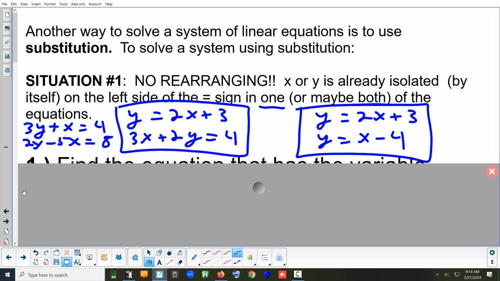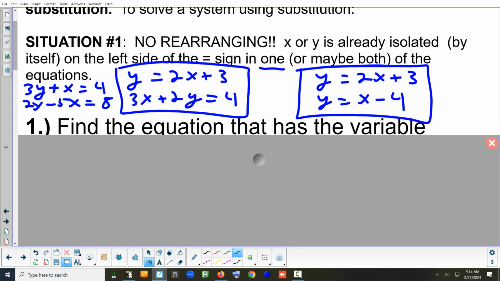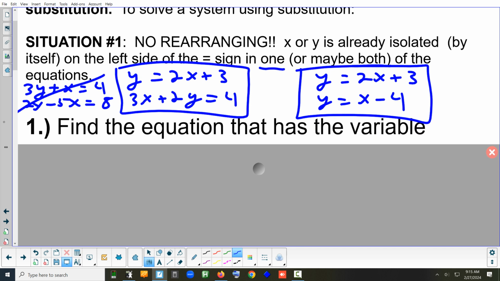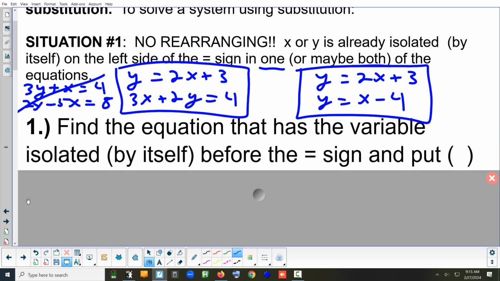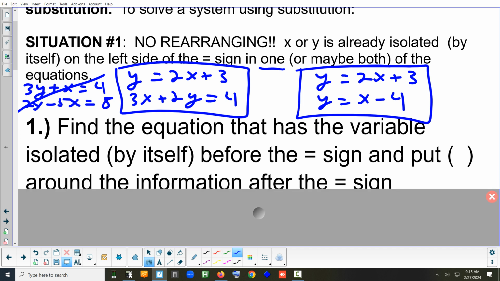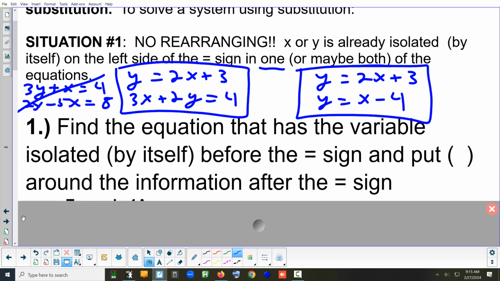All right, so how do we do it when it's situation 1? We're going to look for the equation that has the variable by itself. Usually it means it's before the equal sign, like right here.